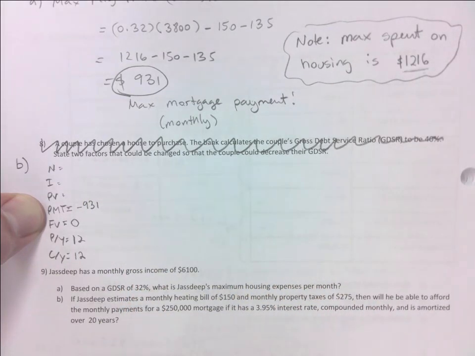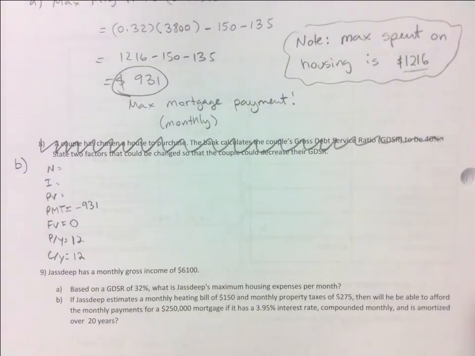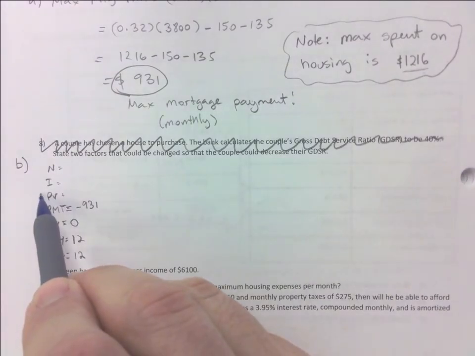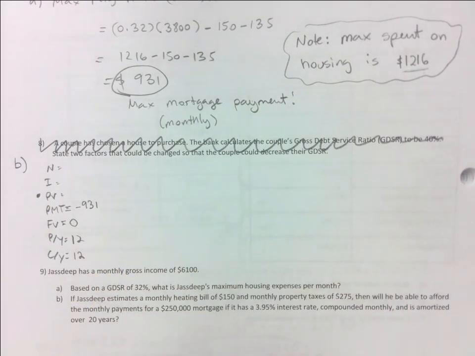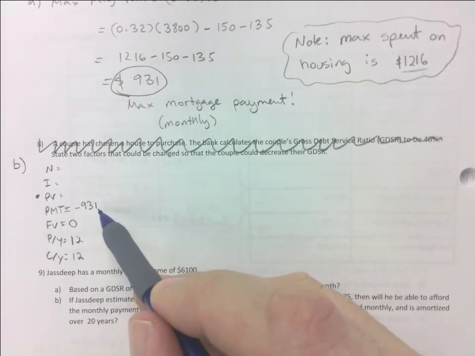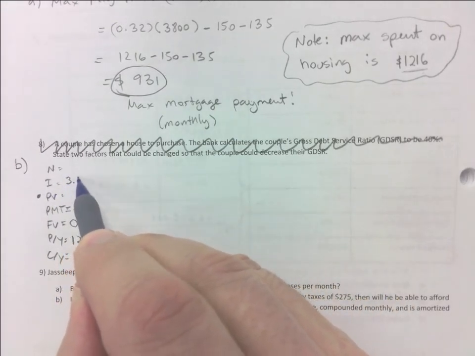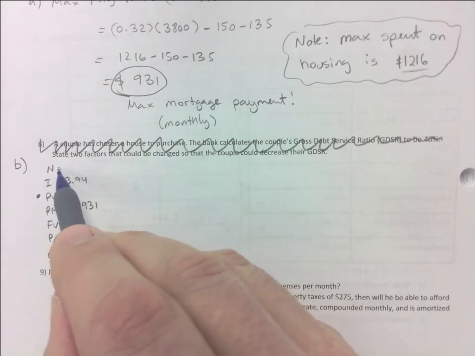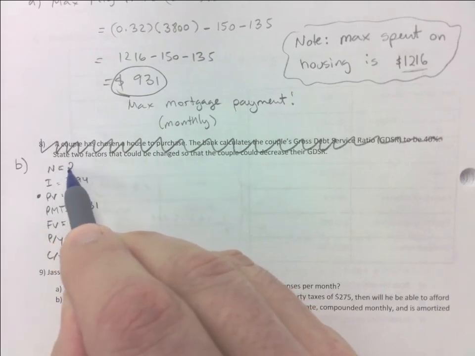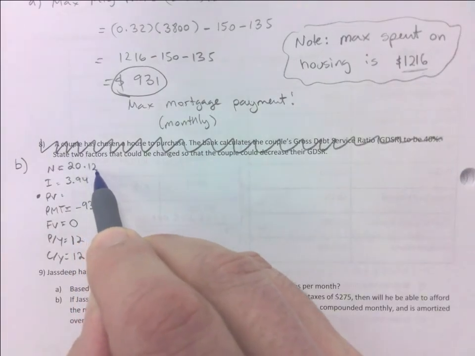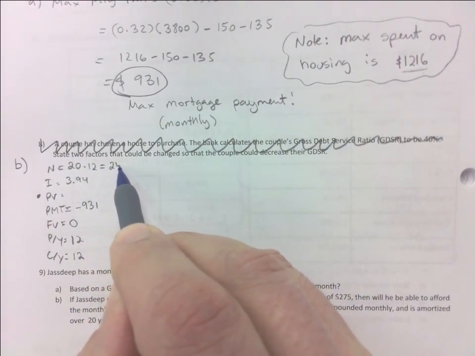We just calculated that. What's the present value? That is what I want to find out. How much money is the bank going to lend me today if I'm able to make payments of $931? The interest rate is 3.94. N, I know it's 20 years times 12, so that's 240.